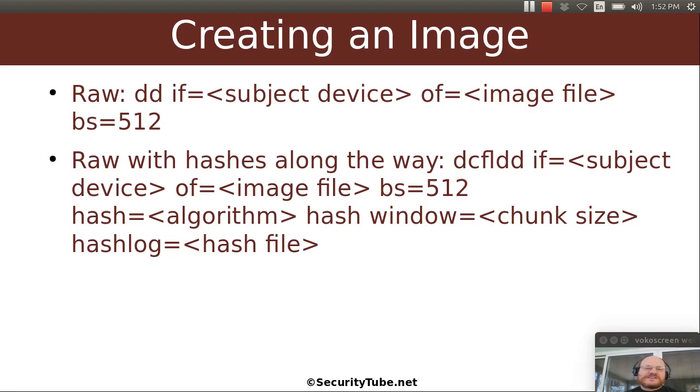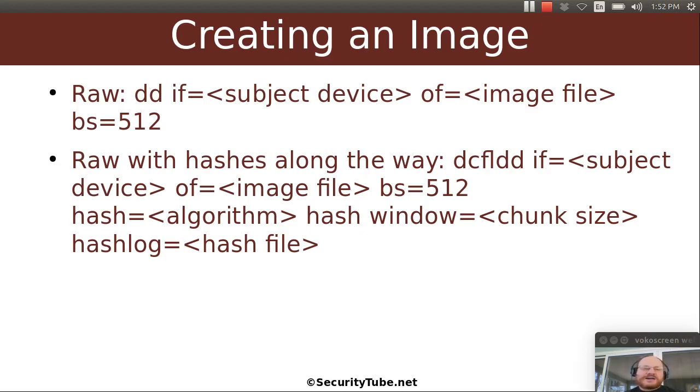And on your Linux system, if you say dd and then you give it if= and the name of your subject device, let's say it's /dev/sdb, and of= the name of your image file, which might be your case number .img or this drive identifier, etc.